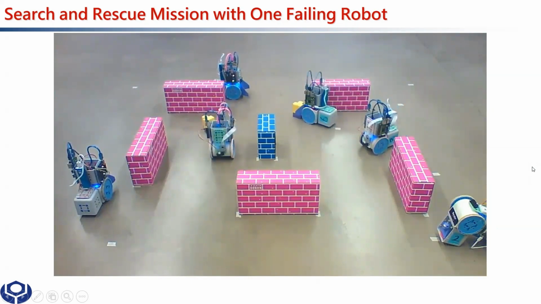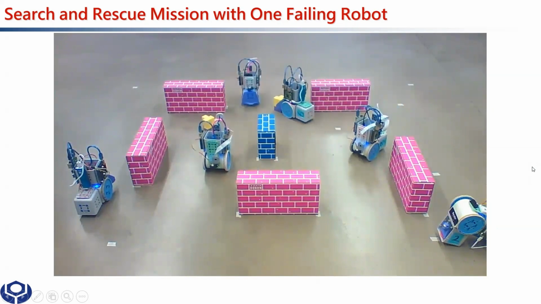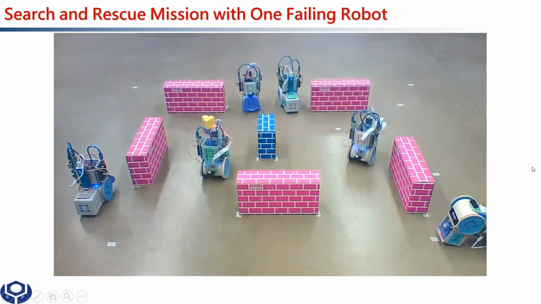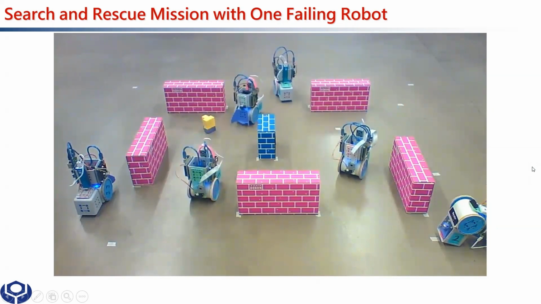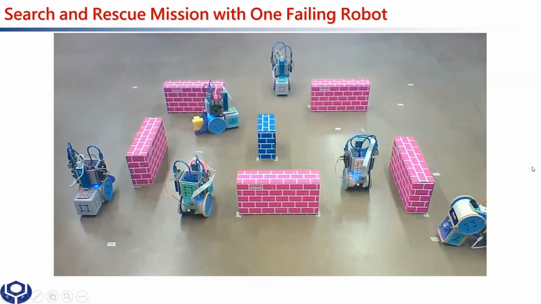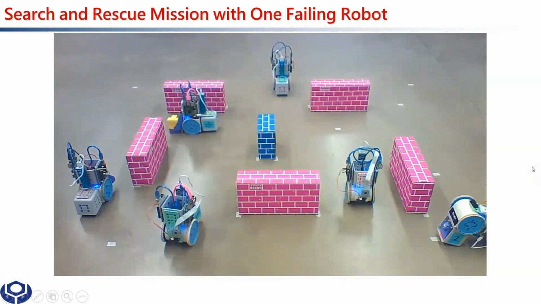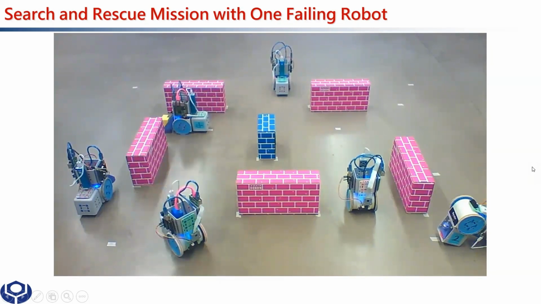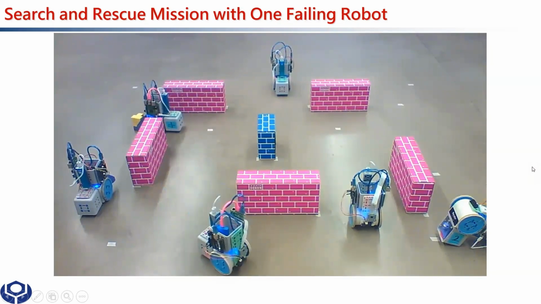And of course, with the same idea, some other robots may move the target to safe places. Then the mission is complete. So in this decentralized system, even though we made one robot dead, the system may still complete this mission.